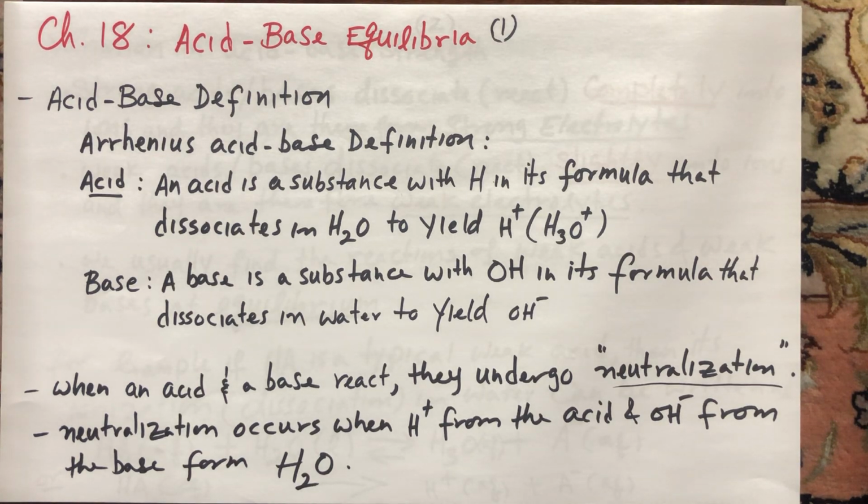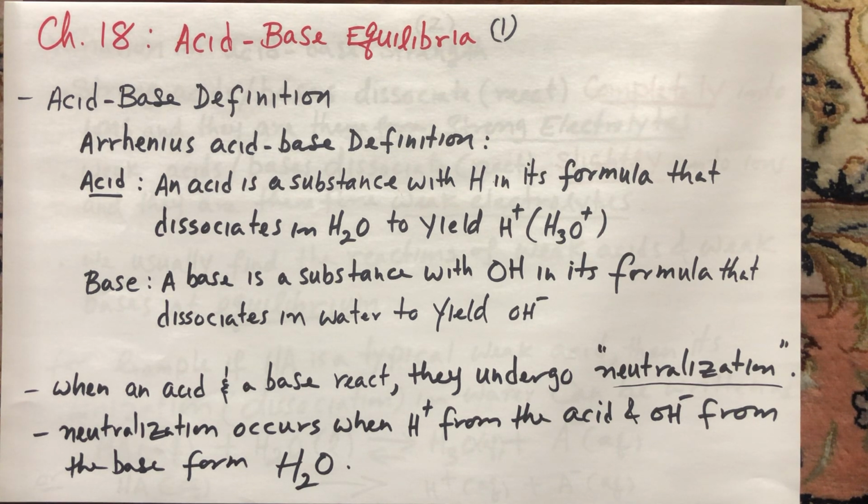Okay, good morning, everybody. This is chapter 18, acid-base equilibria. For the first few sections in the chapter, we're going to have to basically define some basic terms and concepts that we need to use for the later parts of the chapter.